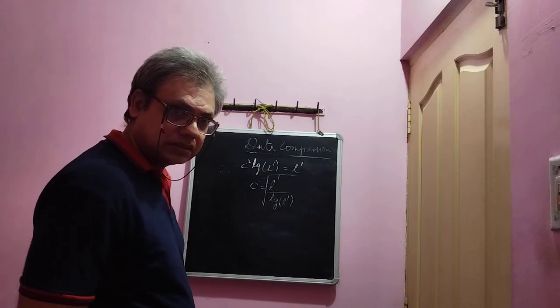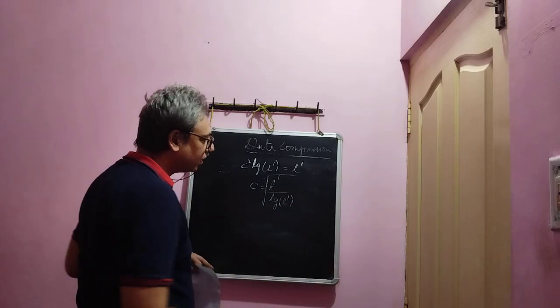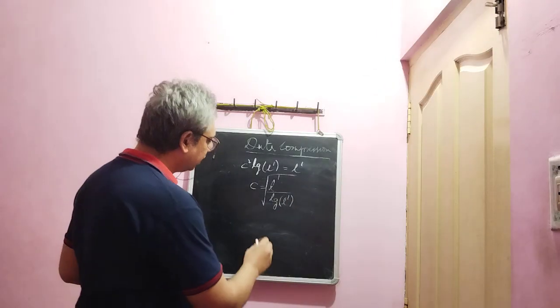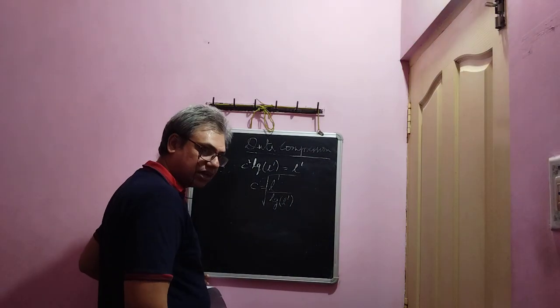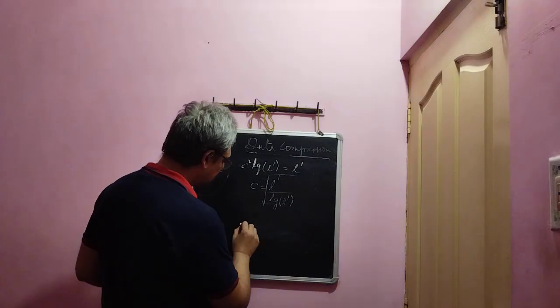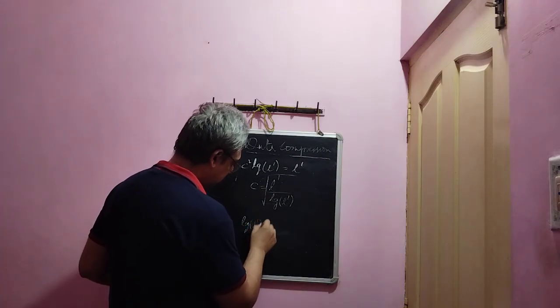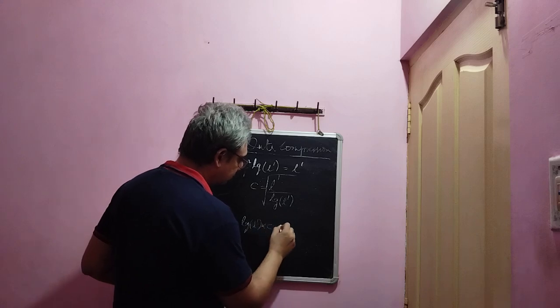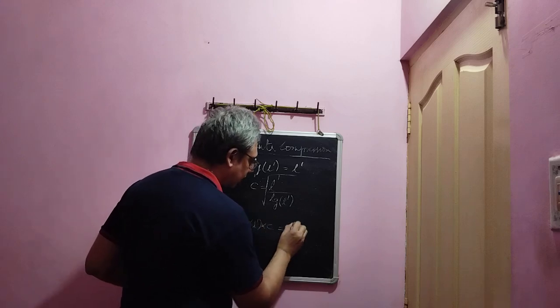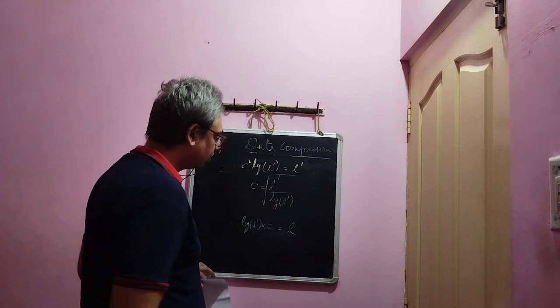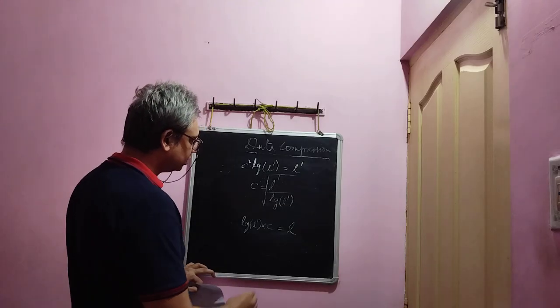If we are coding i power this thing, that means for what the value of L should be, log of L dash into c must be equal to L, the length of the information.